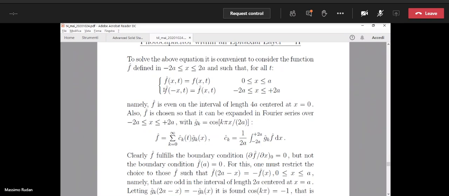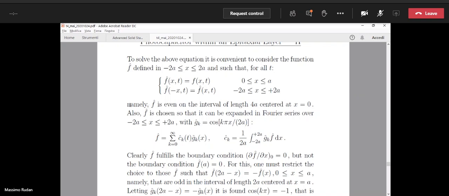You see, when x is equal to some value minus x, then the function is equal to the corresponding function f at plus x. So we impose that f is even on an interval of length 4a centered at x equal to 0.